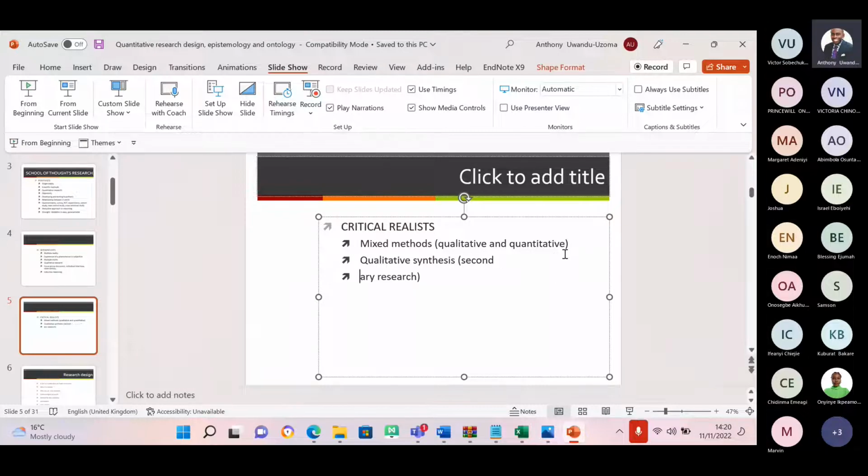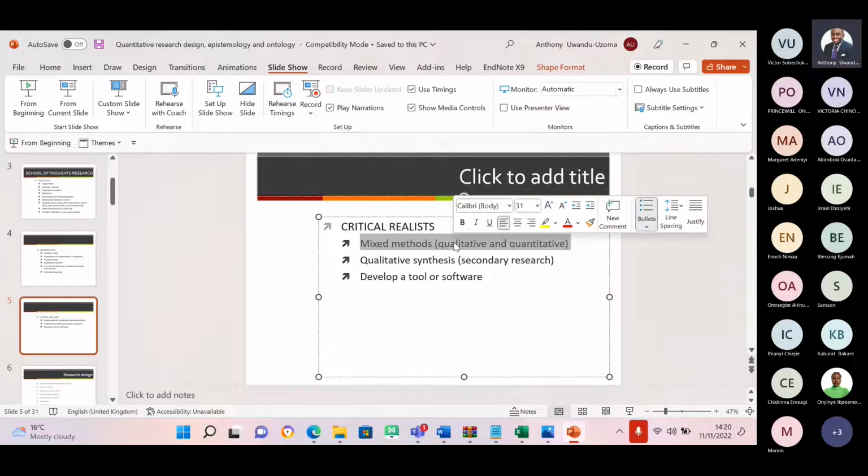Then this is also the domain of people that want to produce a product. So if you want to develop a tool or software, you're going to combine the strength of quantitative data and the strength of qualitative data.